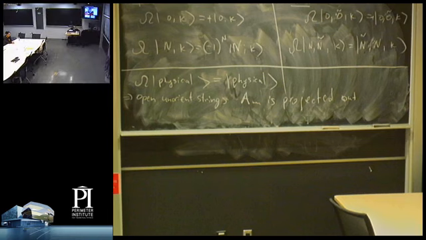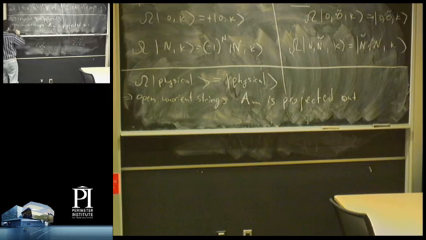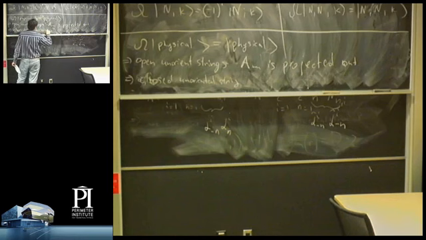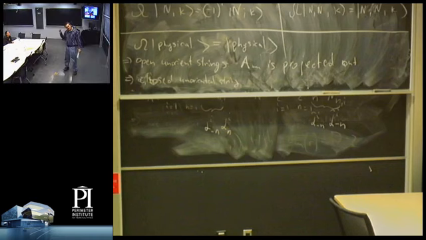So similarly, when you talk about closed unoriented strings, the states of your string must be invariant under exchange of left and right movers. If you go back, this is a state that was a graviton.